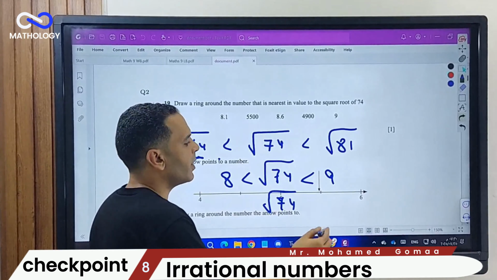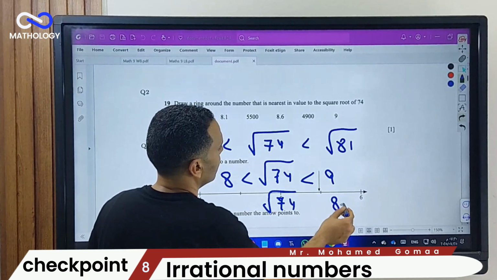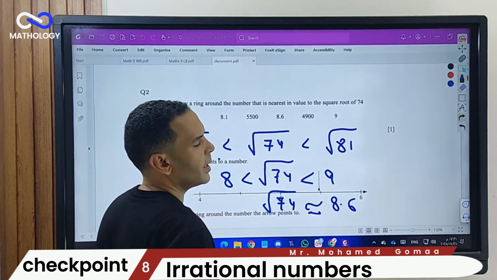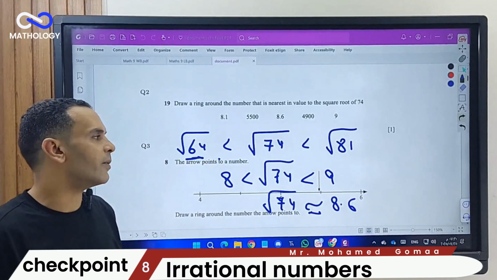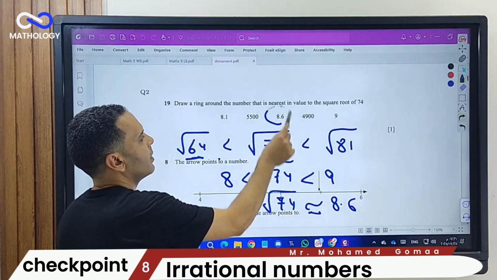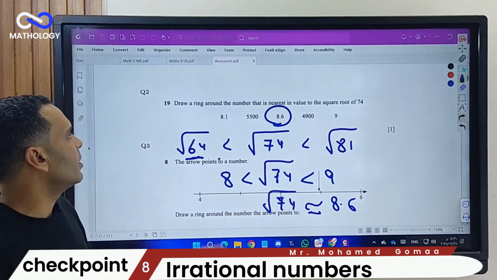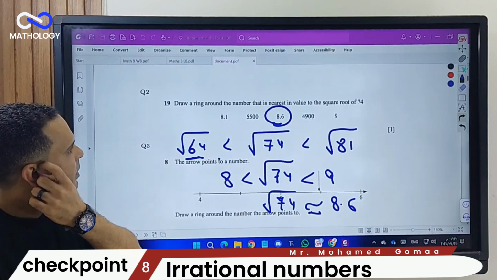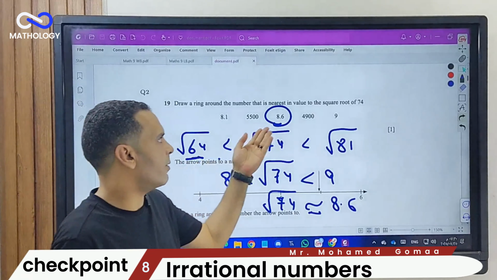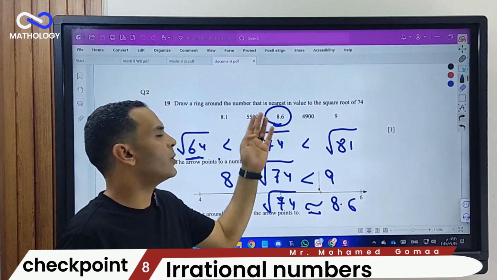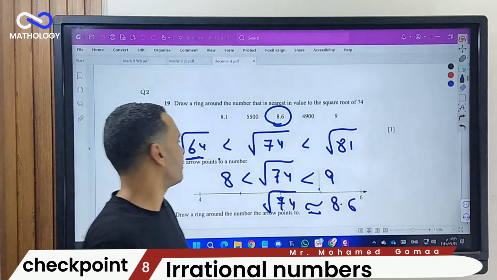Approximately 8.6 or 8.7. The nearest one is 8.6. So to draw a ring around the number nearest in value to the square root of 74, it will be 8.6.